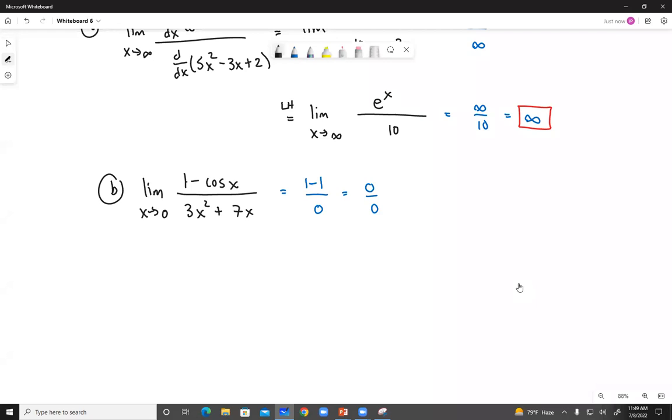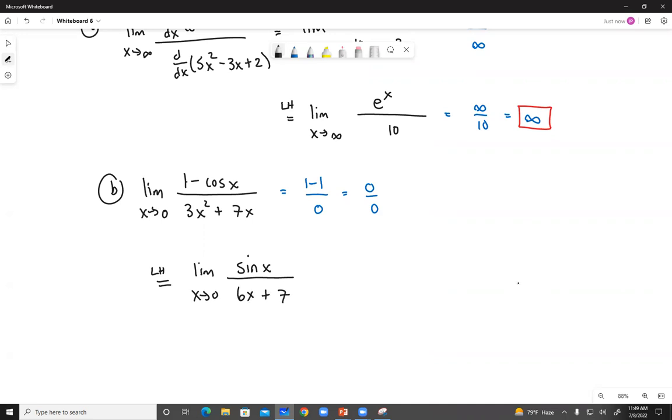So we will proceed by applying L'Hopital's rule, taking a derivative of the top and the bottom. In the top, we get simply sine of x. And in the denominator, we get 6x plus 7.